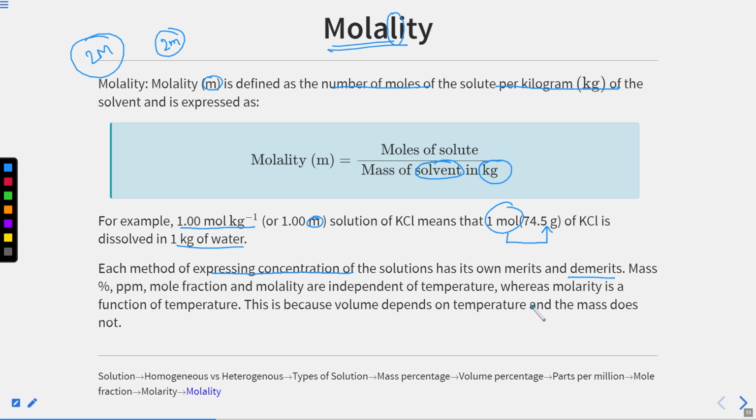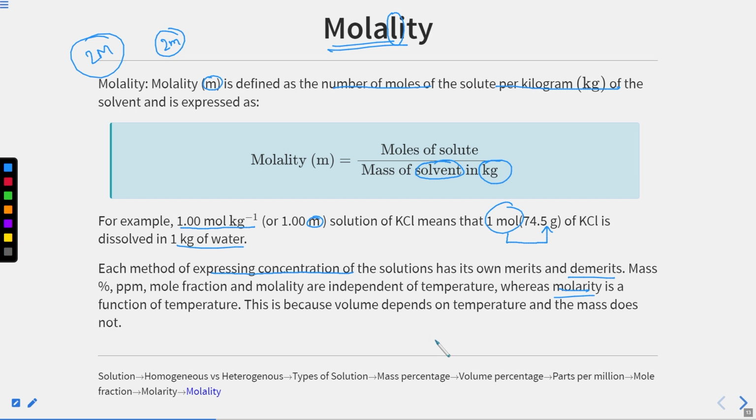Now one more thing, the most important thing, molarity is used always. You have seen it earlier also. Why is molarity used? Because it is temperature dependent, and we know that a reaction is affected by temperature. So if something is not changing with the temperature, it will not be appropriate to use it for the reaction. So we always use molarity, which changes with temperature. Why does molarity change with temperature and molality does not?